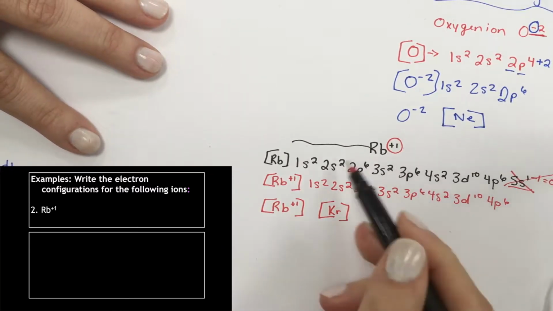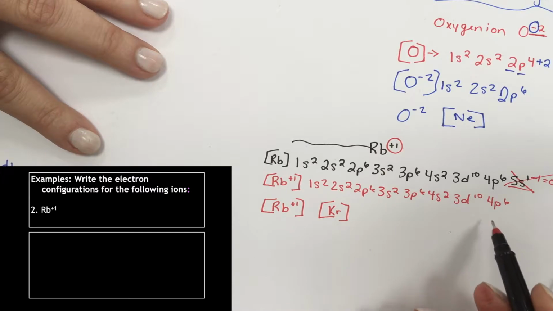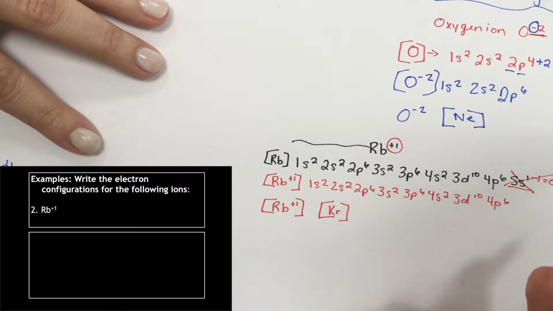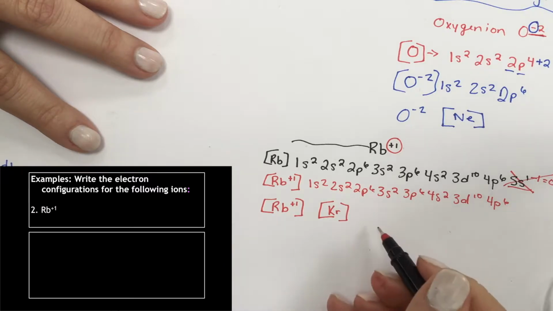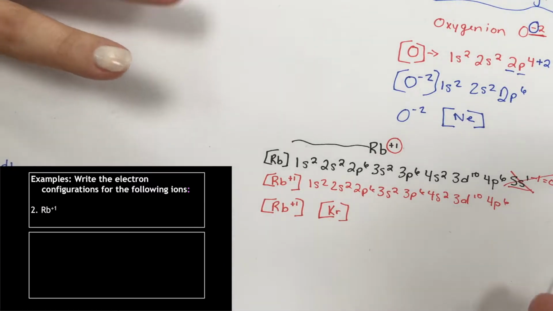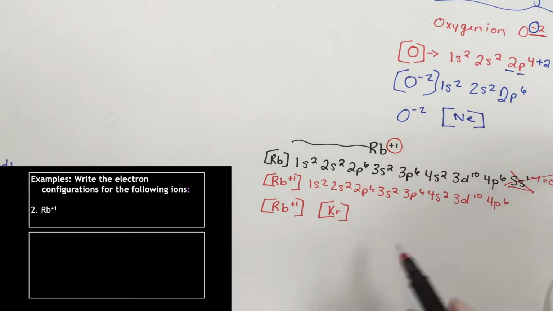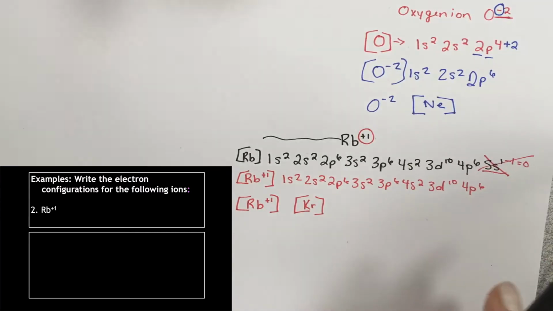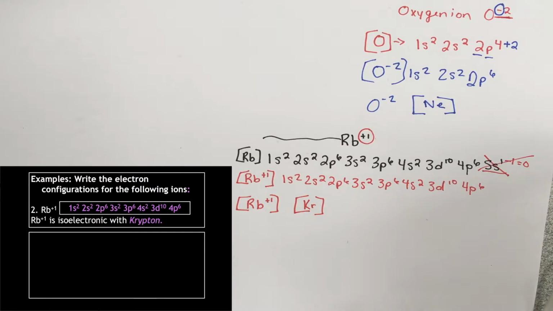If you do an electron configuration for an S or a P element and it is not isoelectronic with a noble gas, something went wrong, because when they bond with something, it's so they can be as stable as a noble gas. That's why they bond, okay? So there's our answer. We are right.